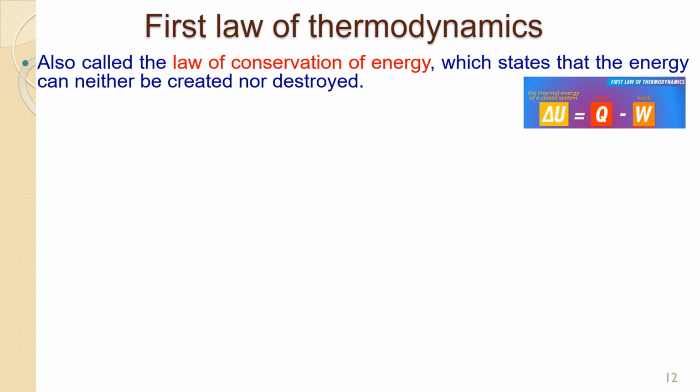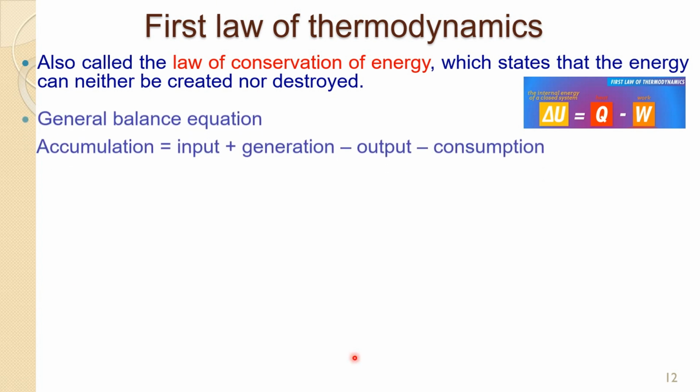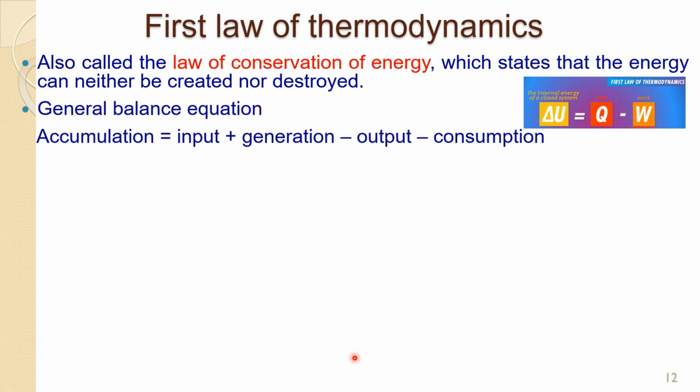So let's talk about the first law of thermodynamics first. What's the first law of thermodynamics? We know this is the law of conservation of energy, right? So what do we learn about the general balance equation when we studied in chapter 4?